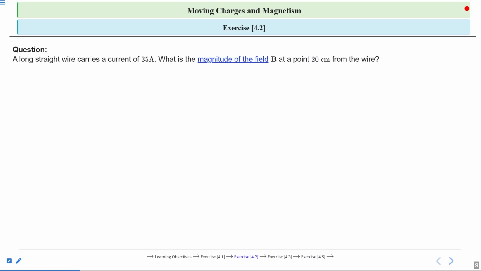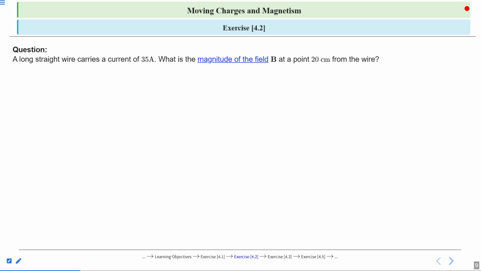Another question, exercise 4.2. A long straight wire carries a current of 35 ampere. What is the magnitude of field B at a point 20 centimeter from the wire? So there is a long straight wire. I is given as 35 ampere, and the point where we have to find the magnitude of magnetic field is at a distance of 20 centimeter from the wire.